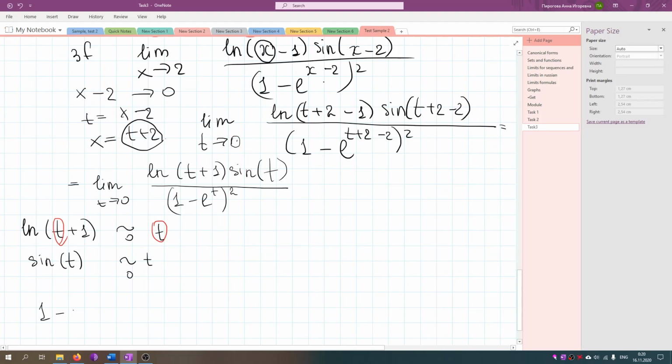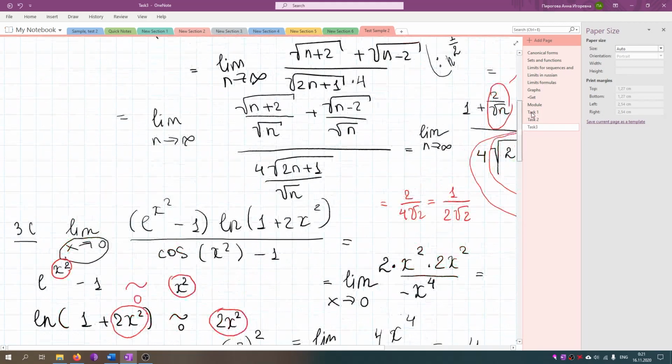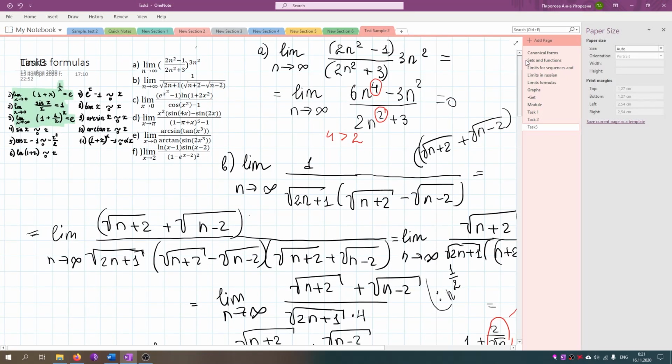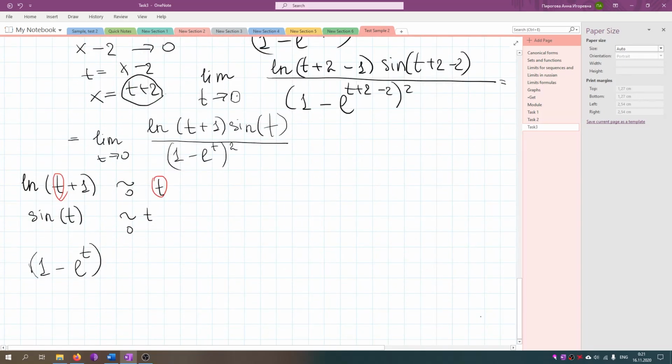And let's work with 1 minus e in the power of t. As you can see, we have here the second power, but let's just work for simplicity with the first power. So let's look at the formula. The formula is e in the power of x minus 1 at 0 is equivalent to x.